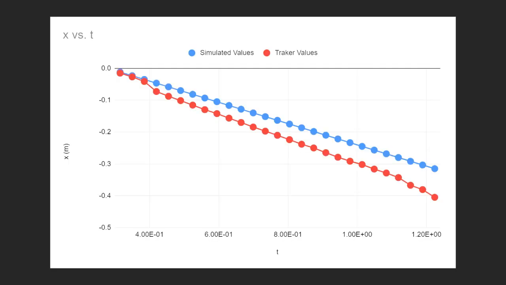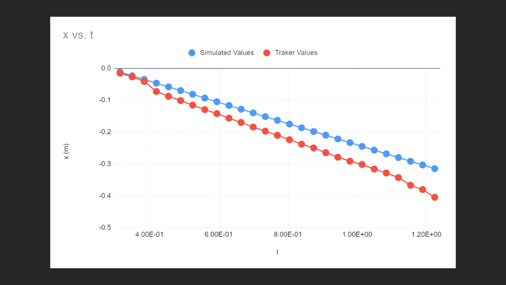This is the graph for the tracker values versus the simulated values. You can see the simulated values started off very close to the tracker values with a constant decrease down. What is important about how I did the lab is that the ping pong ball is rolling in the negative x direction, so that is why the line is going down to the right.